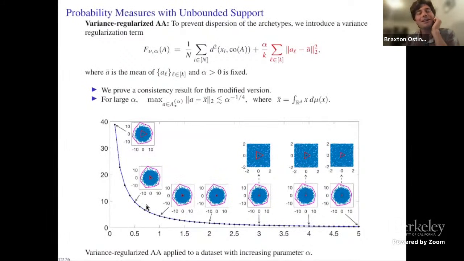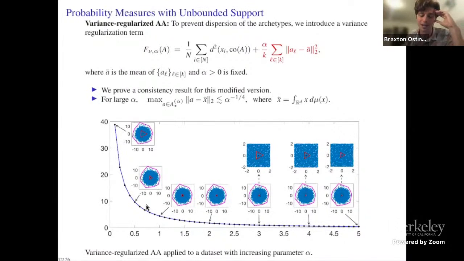I'll say something about probability measures with unbounded support as well. Maybe it's clear already, but if you have a probability measure with unbounded support, then as you sample more and more points, the constraint that the archetypal polytope is contained in the convex hull of those points is increasingly loose.